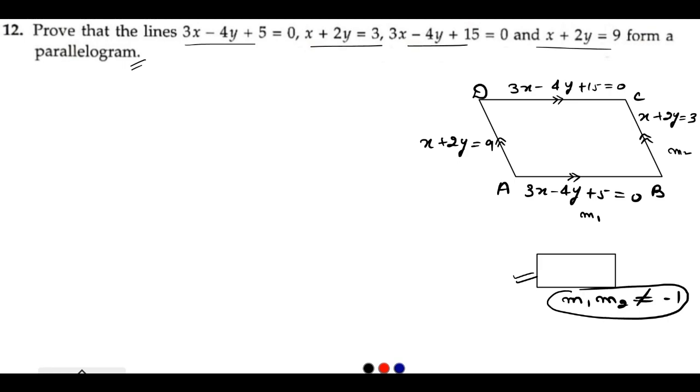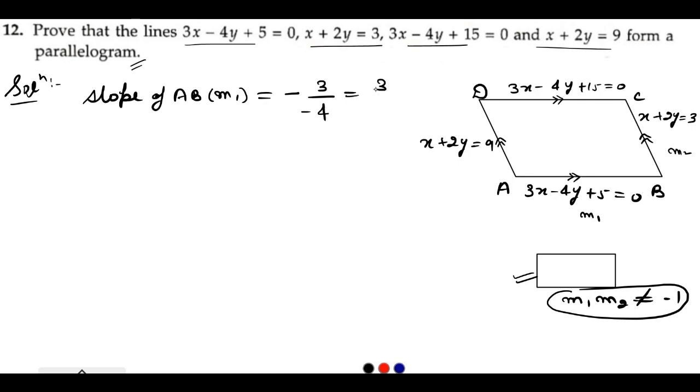For this, first of all, we are finding the slope of the 4 sides. Slope of AB, M1, is equal to minus coefficient of x divided by coefficient of y, that is 3 by 4. Next, slope of BC, minus coefficient of x divided by coefficient of y, that is minus 1 by 2.